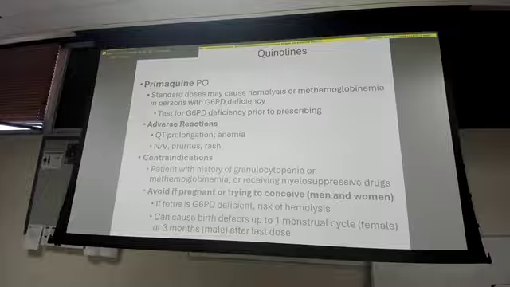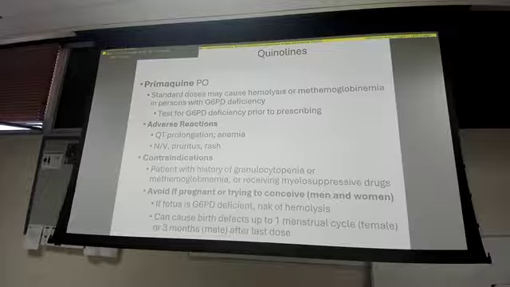And the adverse reactions are also QT prolongation, anemia, also GI issues, and also watch out for any skin reactions. Okay, contraindications: if you have a history of granulocytopenia, so basically low granulocytes, that's neutrophils, eosinophils, basophils.